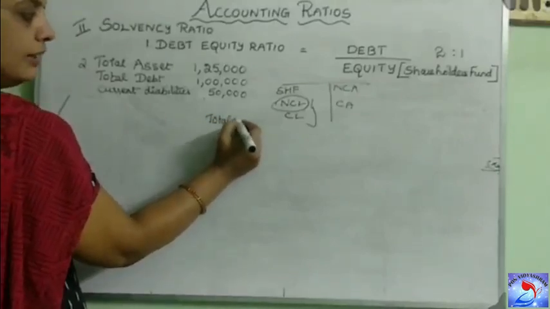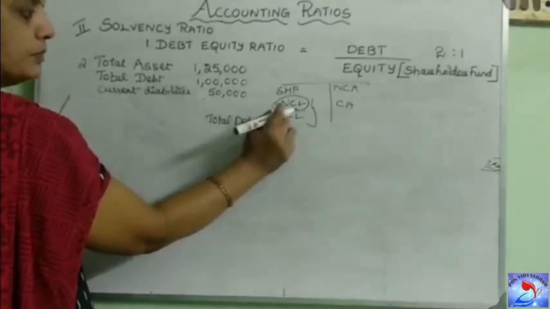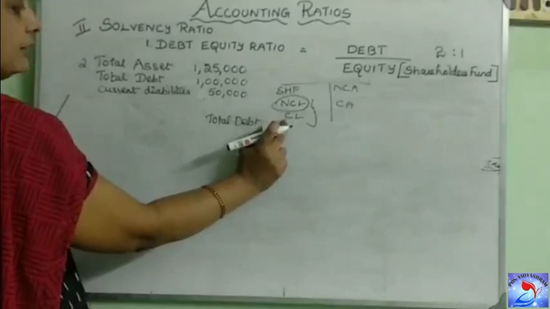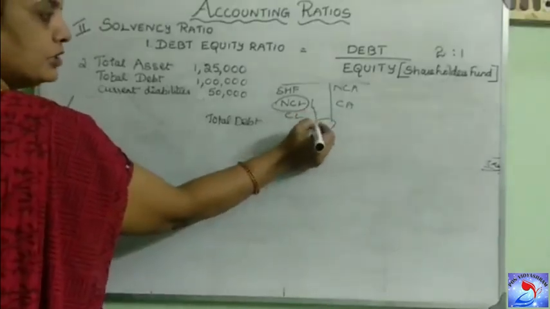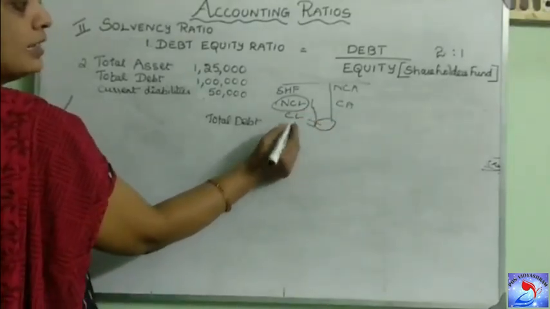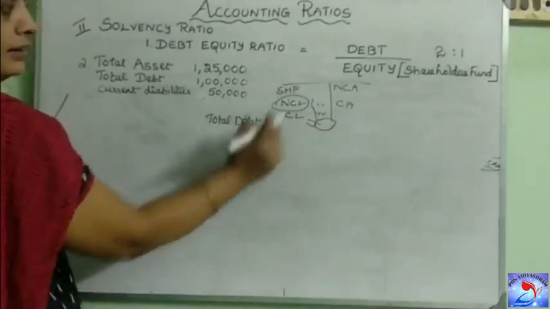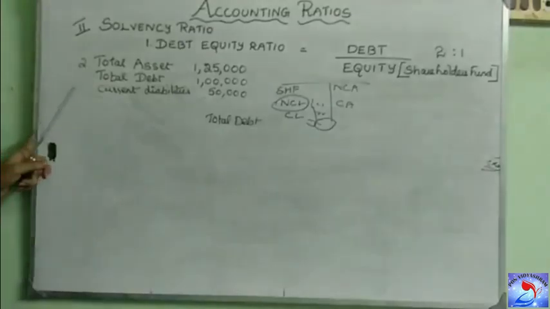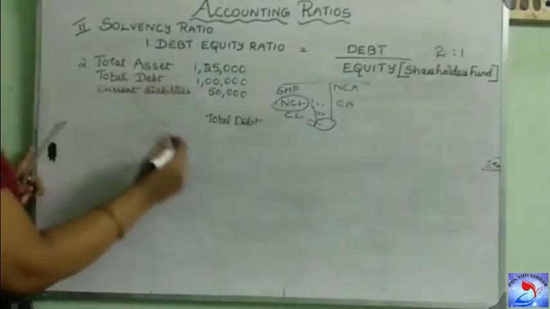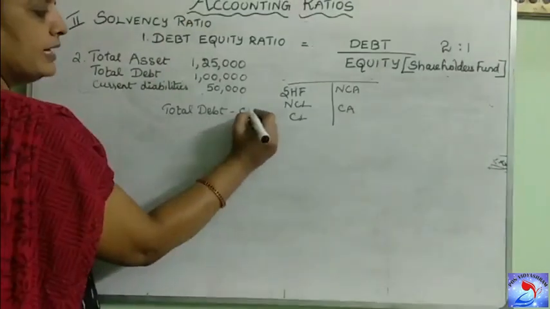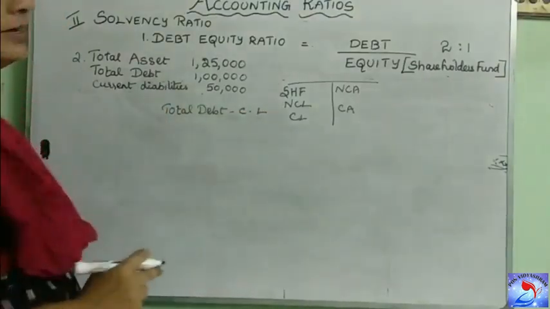So if I subtract the current liability from this total, I will get the non-current liability, that is the debt. Total debt minus current liability is debt.